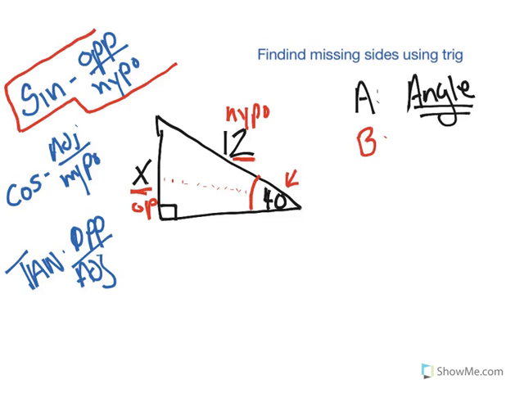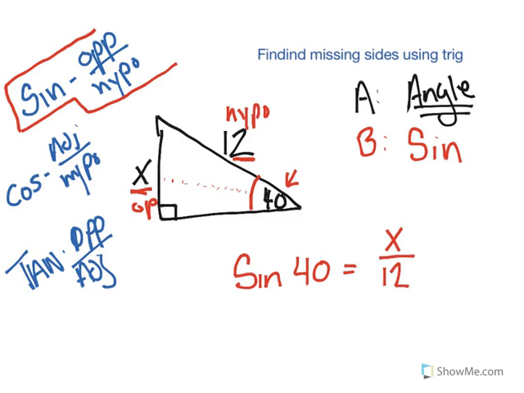So, second, we pick our trig ratio. Here's how we set up this math. We're going to do sine of angle 40 equals the opposite side, x, over 12.